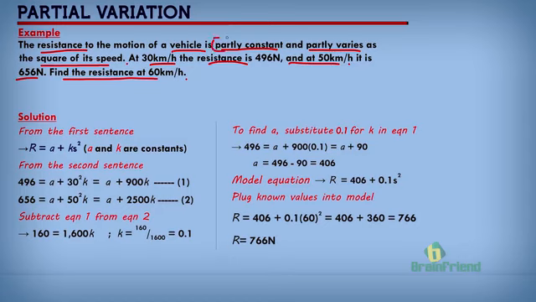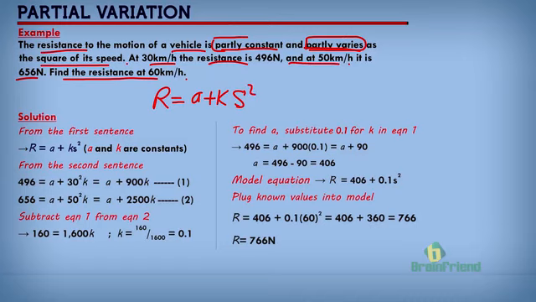From terms like partly constant, partly varies, we quickly understand that this is a partial variation question. We may write the equation of our relationship as, let R represent our resistance, R is A plus K S squared, S representing our speed.